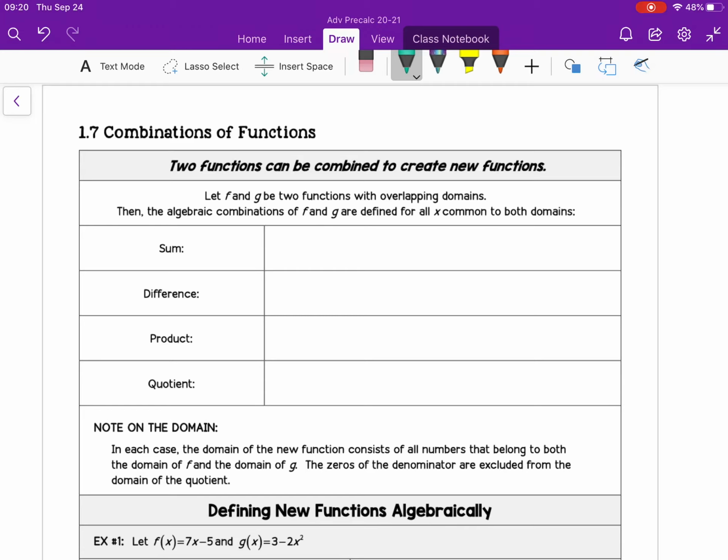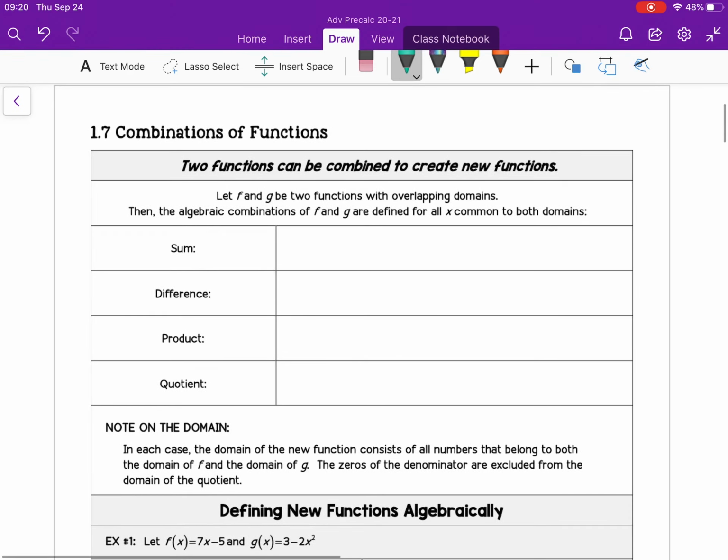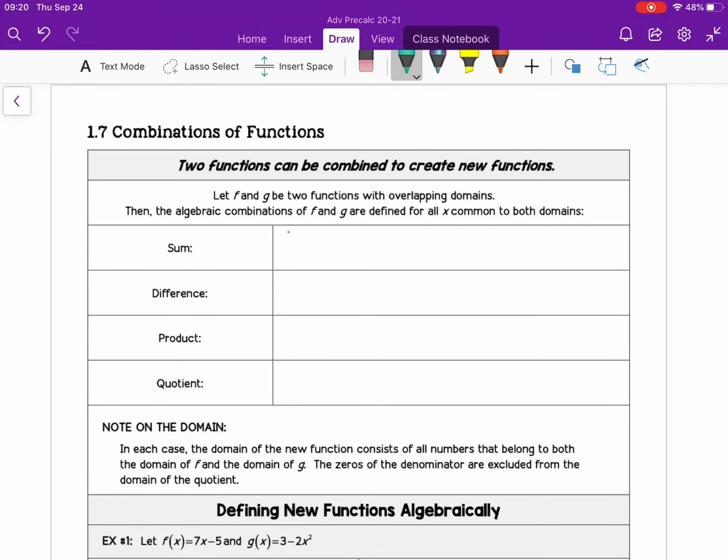Combinations of functions is exactly what it says. We are combining two different functions. Remember that we can define functions by saying things like f of x, g of x, h of x. There are lots of different ones that we can call them. F and g are the most common. So sum is exactly that.